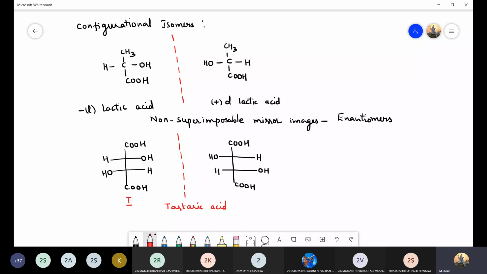Structure 2. And I'm also drawing structure 3 and 4.